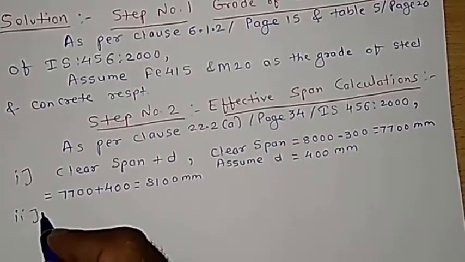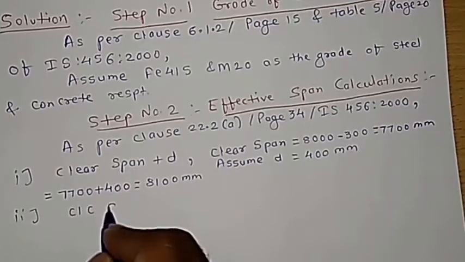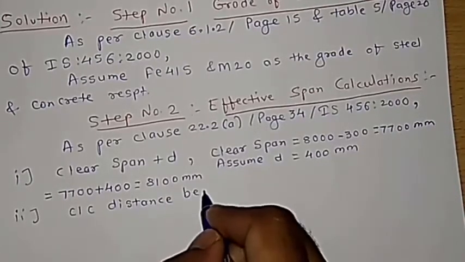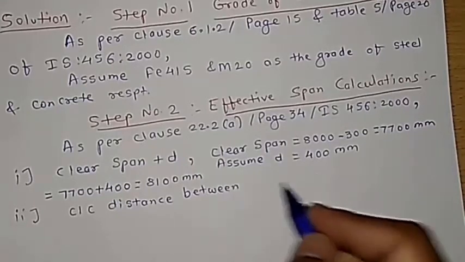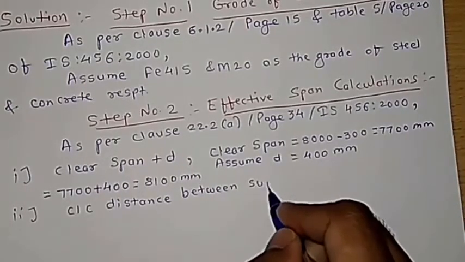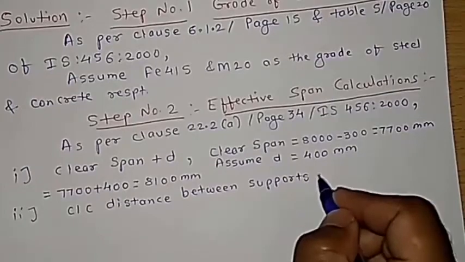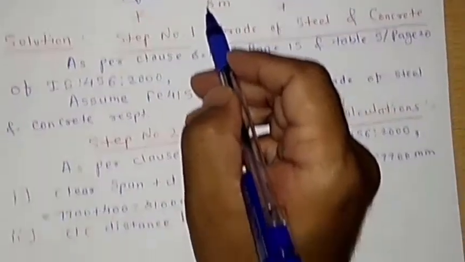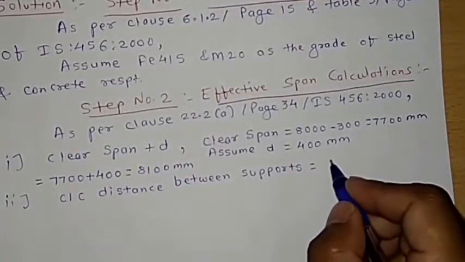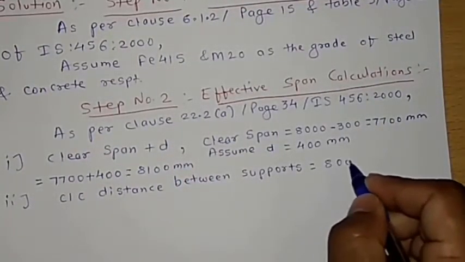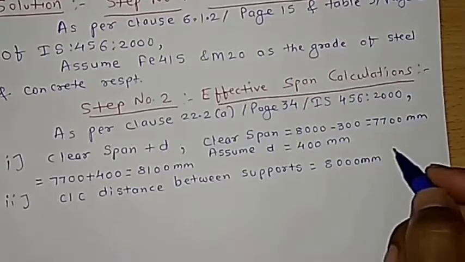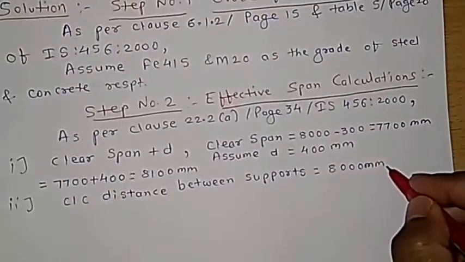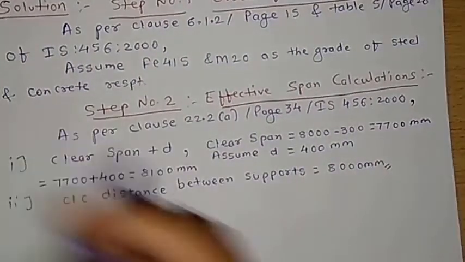And the second part is the center to center distance between supports, which is already given as 8 meter, that is 8000 mm. The minimum of the two is 8000 mm, and that would be considered as L effective.